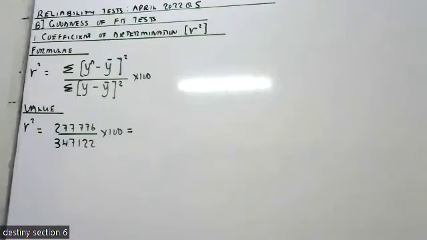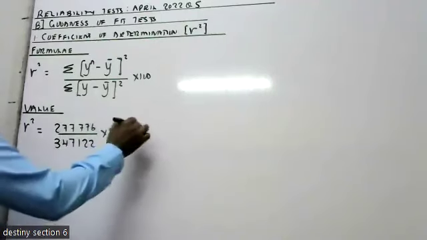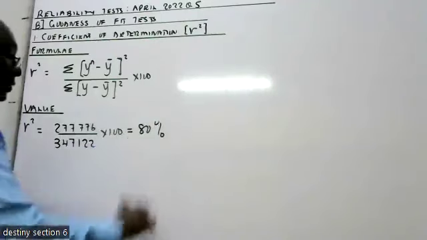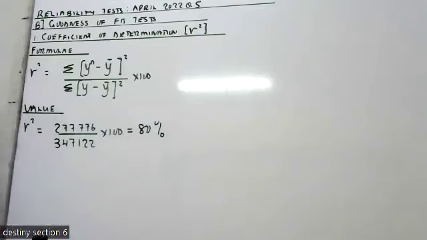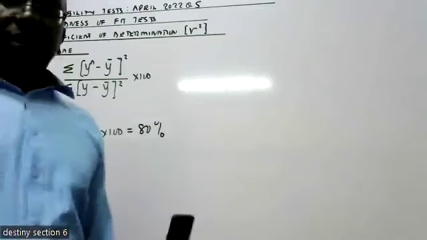So when you do that, 277,776 divided by 347,122 times 100 is giving us around 80%.